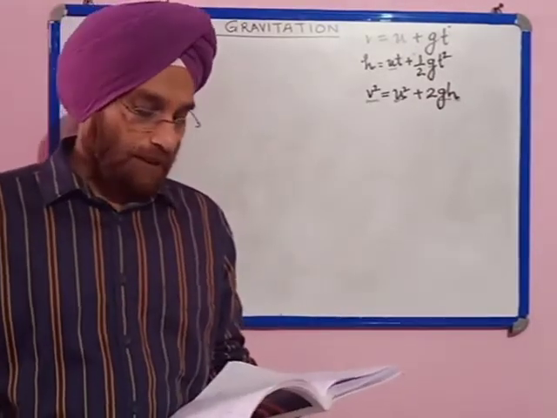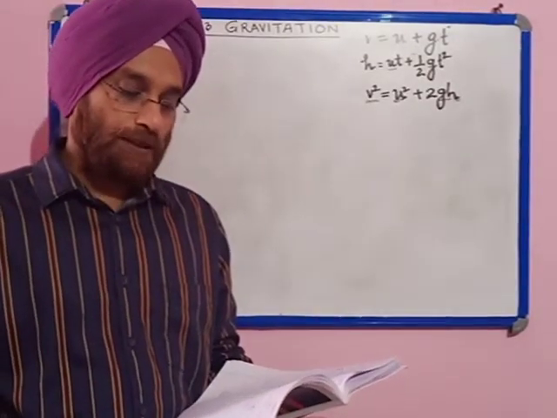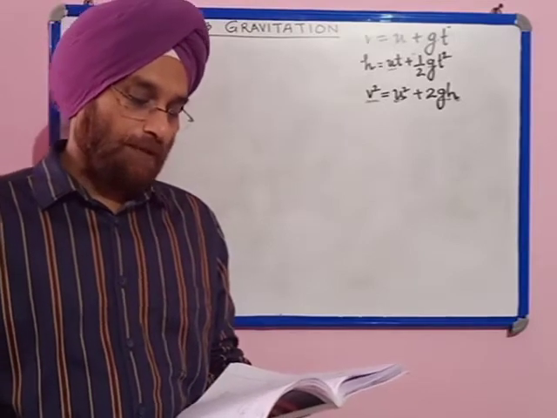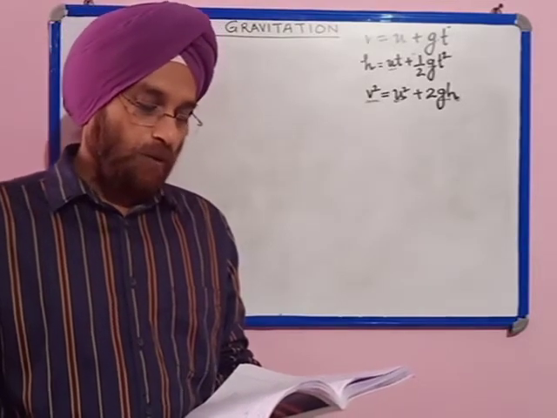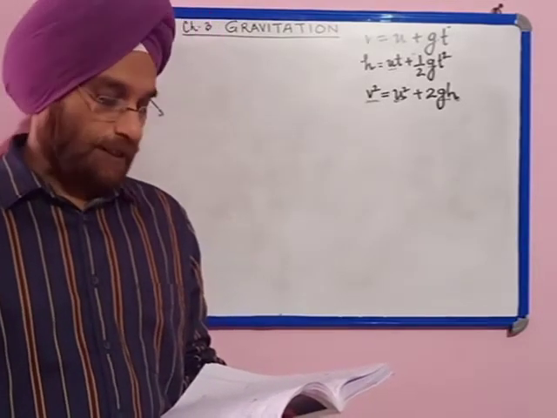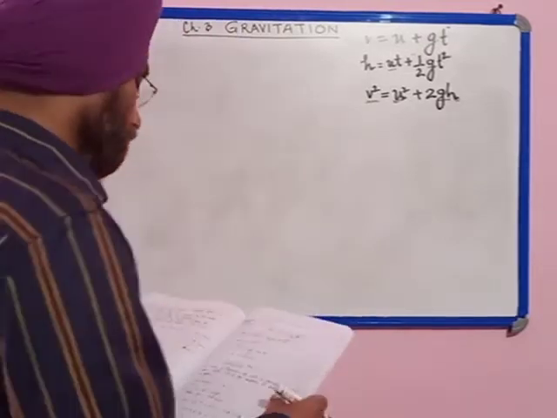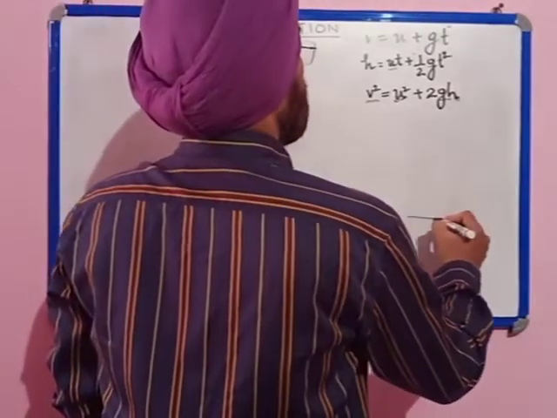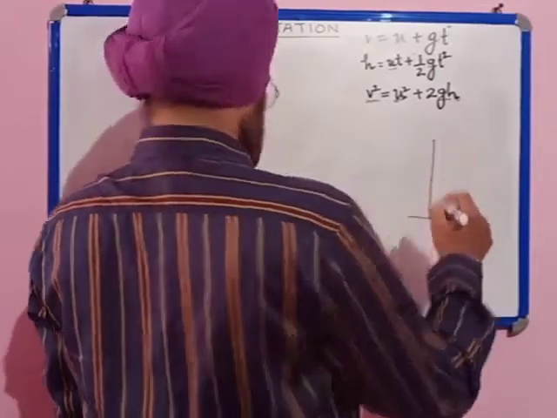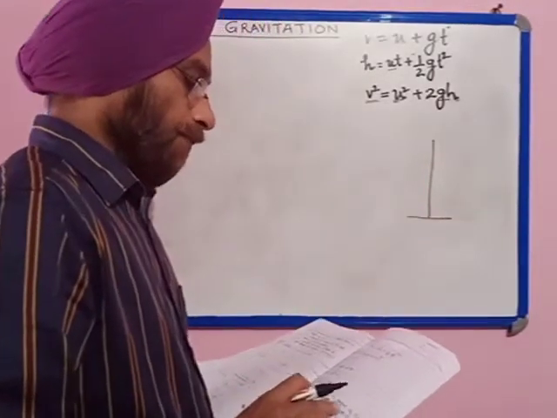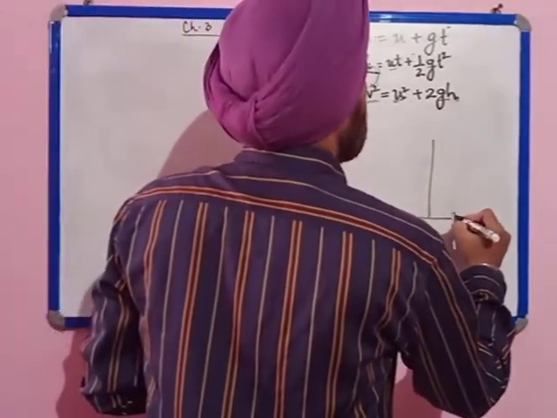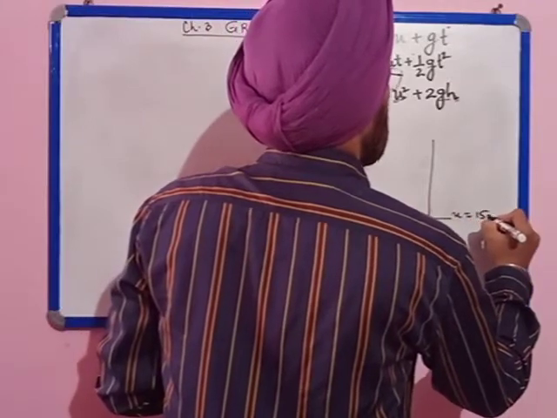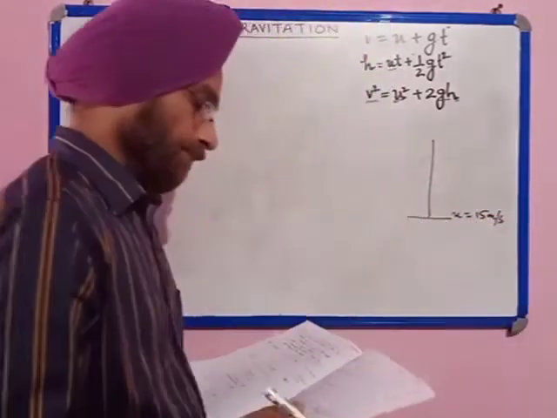Next question. A ball is thrown up with a speed of 15 meter per second. How high will it go before it begins to fall? Now see, again the ball is thrown vertically up with a speed of, so here initial velocity is given, 15 meter per second.